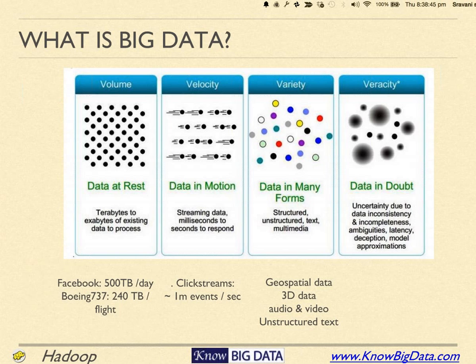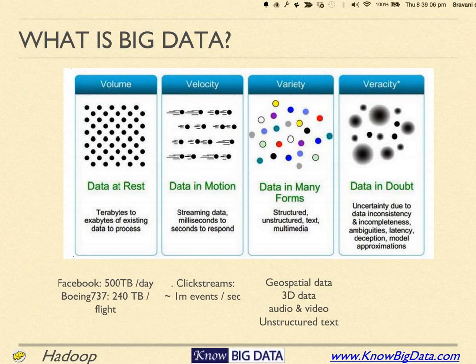So here is the traditional definition, although this definition will not take us anywhere, but let's discuss it. Lots of people keep on asking the same definition when somebody asks them about big data.